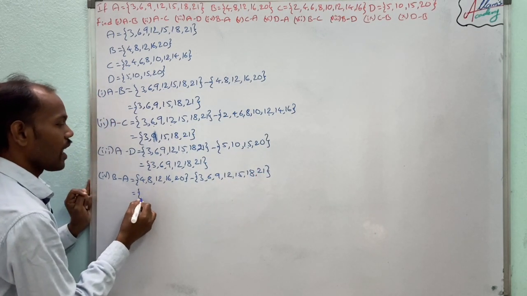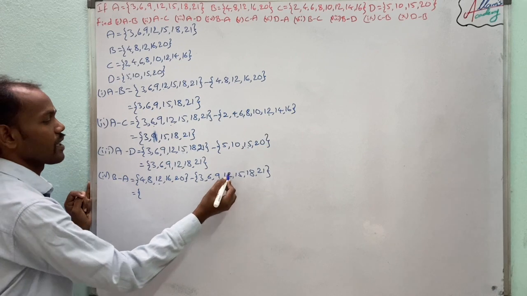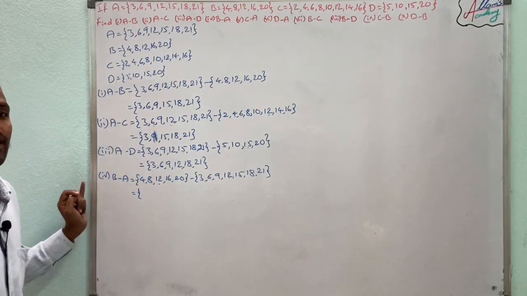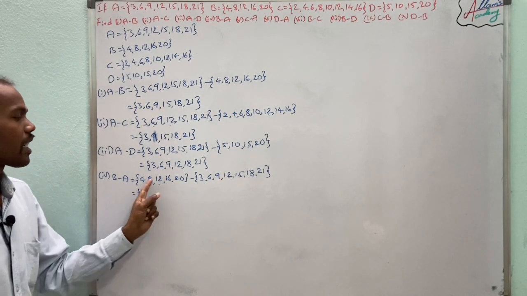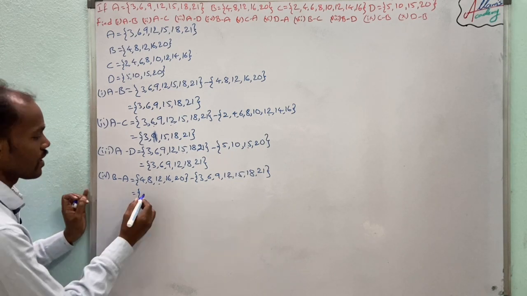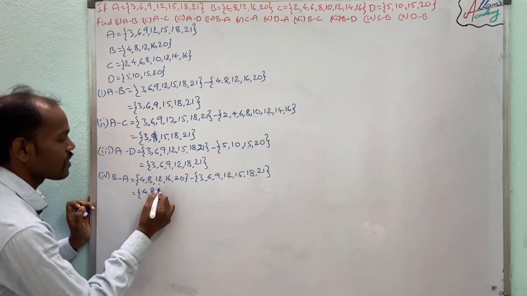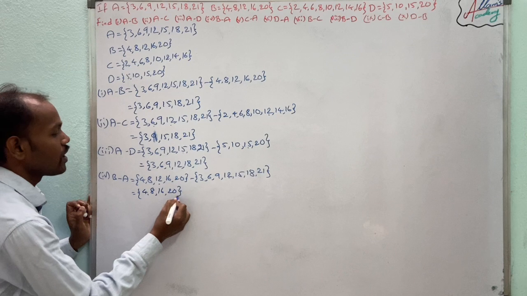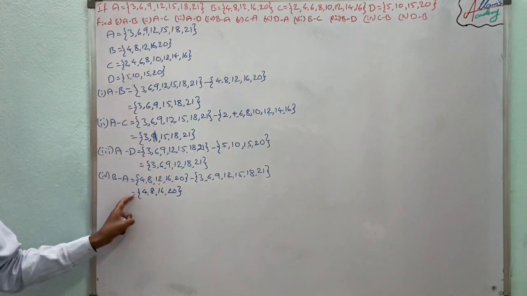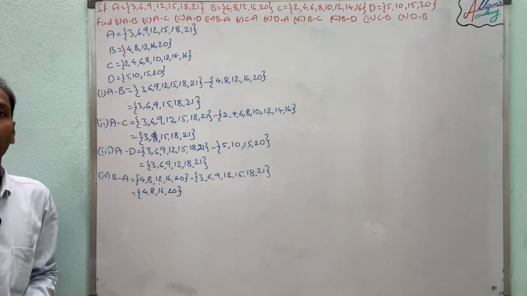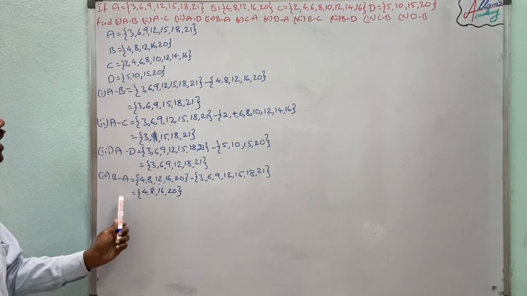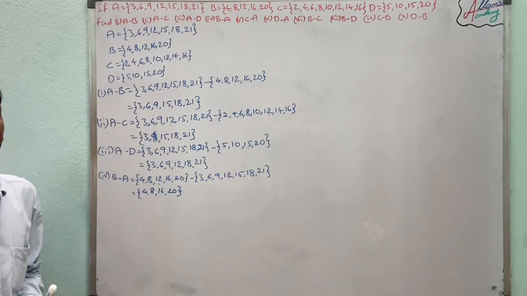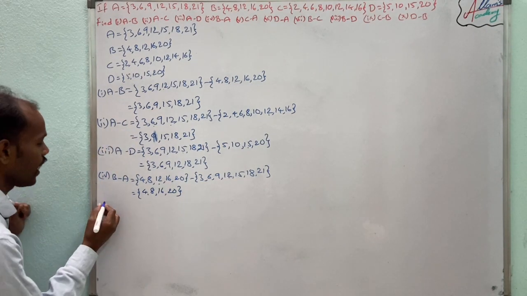Here the only common element in both sets is 12. Neglecting that element, the remaining elements in the first set are 4, 8, 16, 20. Now we observed A minus B and B minus A; the answers are different. So we can conclude A minus B is not equal to B minus A.